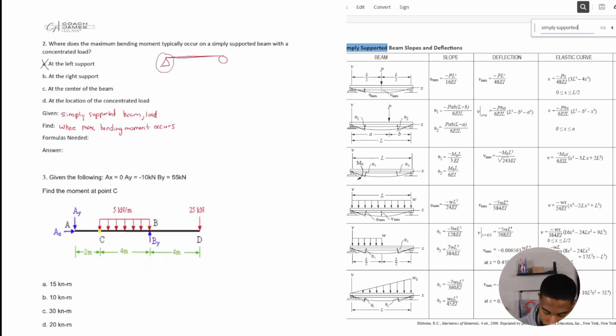If we're talking about the right support, it would be here. That's wrong. That's not where your max is going to be.